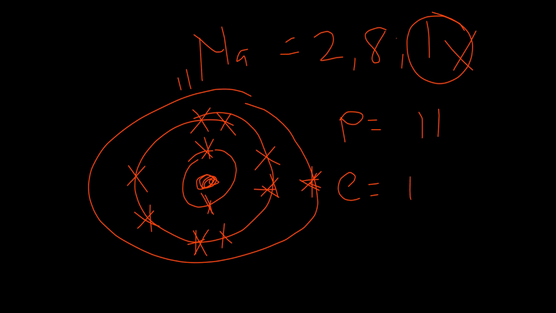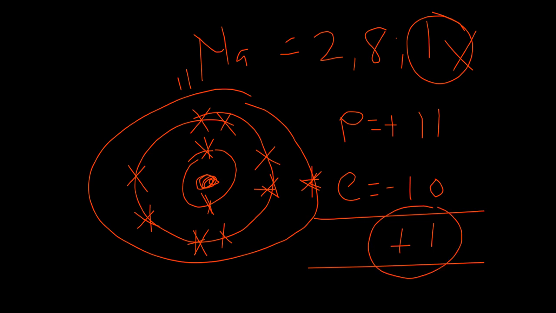Proton is positive, electron is negative. So let's find the net charge. When you add positive 11 to negative 10, you get positive 1. So the charge of sodium is now positive 1. So sodium now becomes Na+1. So that's the charge of sodium currently.